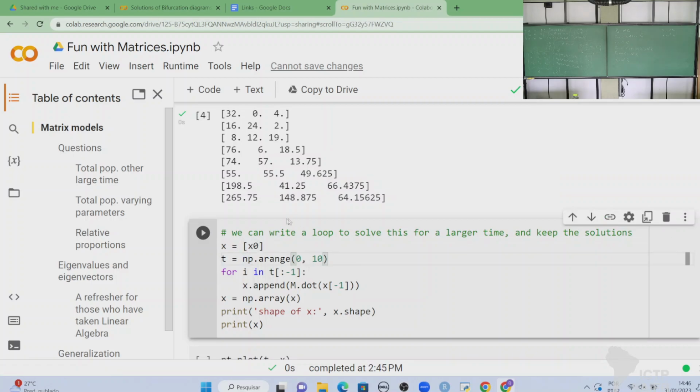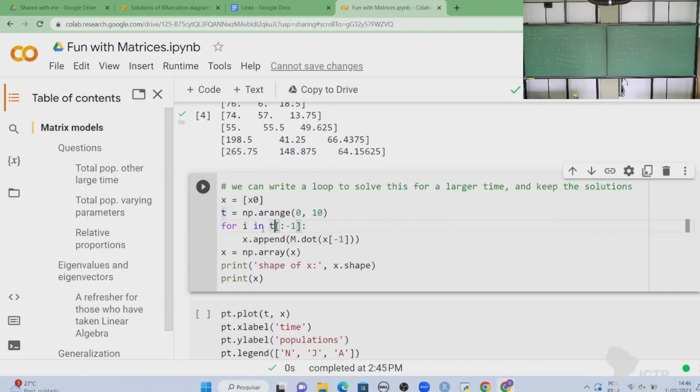For t equals 0, I already have the initial condition, so I don't have to step over all t's, only the number of t's minus 1. And then for each time step, I append to this list M times the last value of the array X.